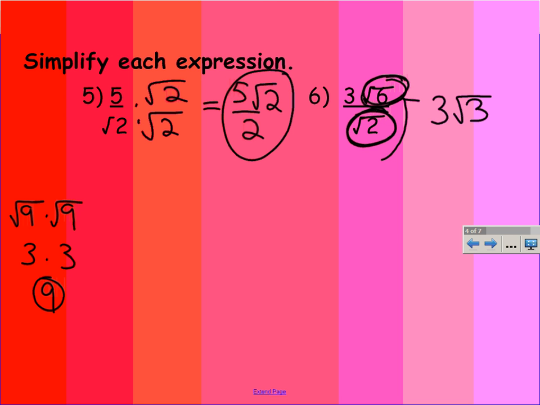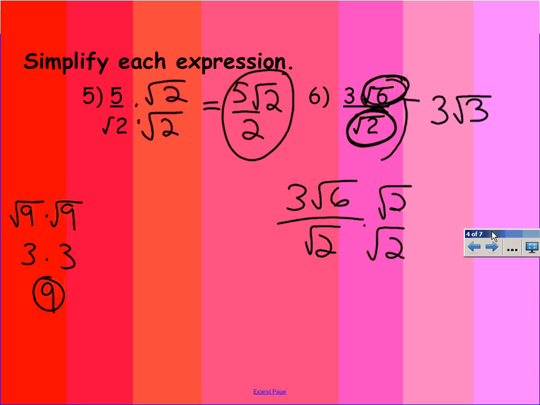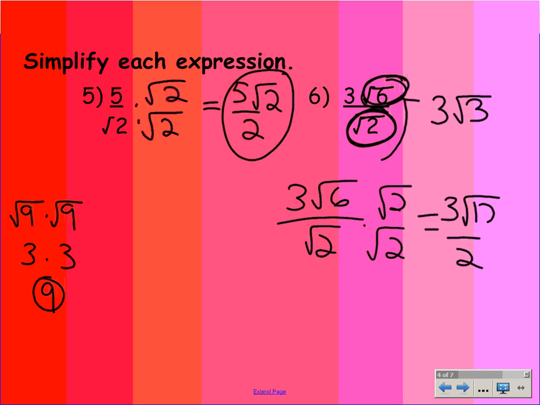Let's say I didn't recognize that. Let's say that I did the problem and I just thought, oh, I have to get rid of that square root of 2. So instead, I just multiply by the square root of 2, which, again, I'm going to do on the top, and I'm going to do that on the bottom. So I end up with 2 on the bottom. I end up with 3 times the square root of 12 on the top. Well, can 12 be broken down? Yes, 12 can be broken down into the square root of 4, square root of 3, again, thinking perfect squares, all over 2.